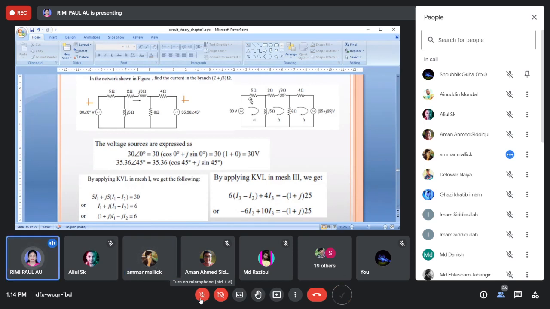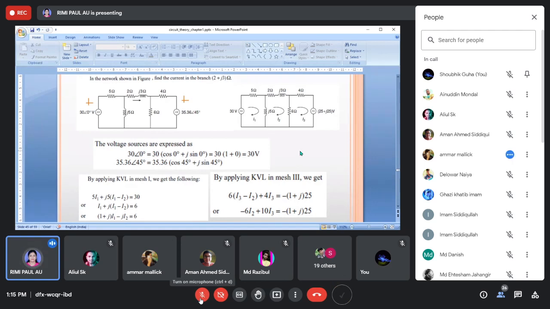Yes, see, I1 is flowing through this path. So which component is connecting this? I1, so what is its name? What is this thing? 5 ohm, ma'am. 5 ohm what? Resistor, inductor, capacitor, what is it? Resistance. And what is this? So draw this figure right now, and next day I will ask you again.